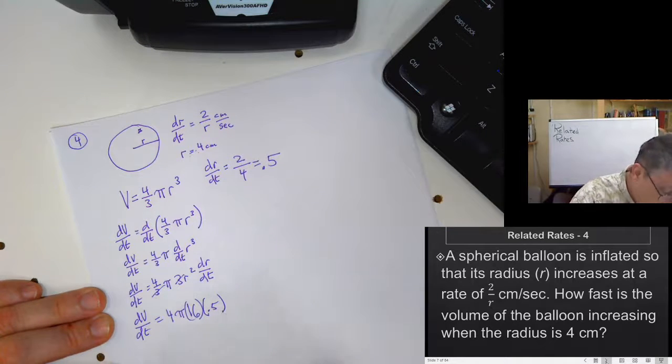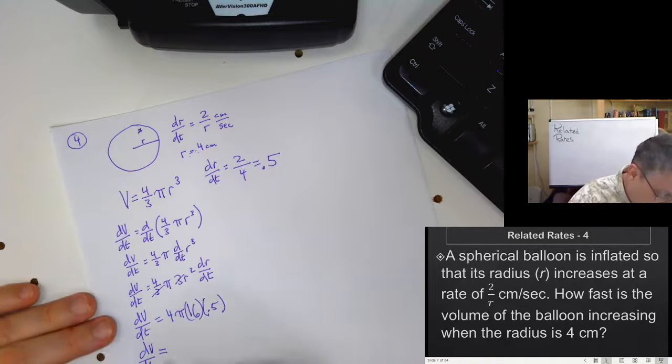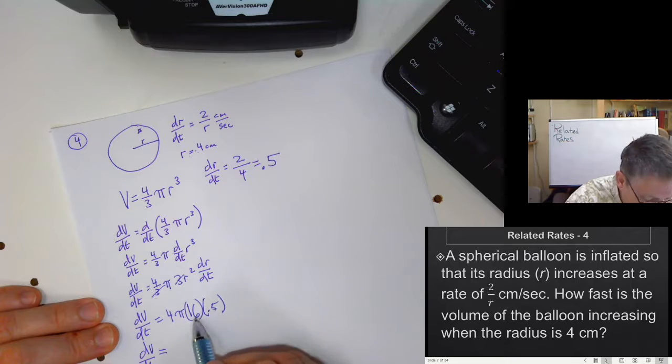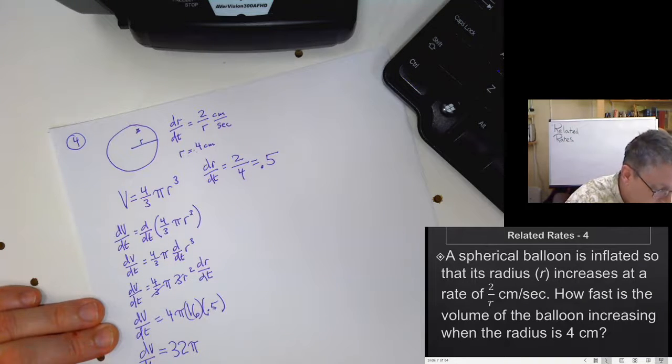And now you can see that at this point, we have stepped back down the ladder one rung into algebra. Actually, we're probably not even in algebra anymore. 0.5 times 16 is 8, right? 8 times 4 is 32. 32 pi. And what's it asking for?